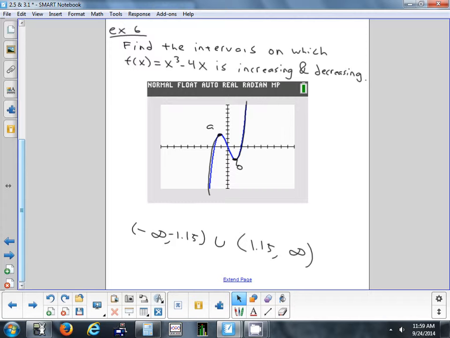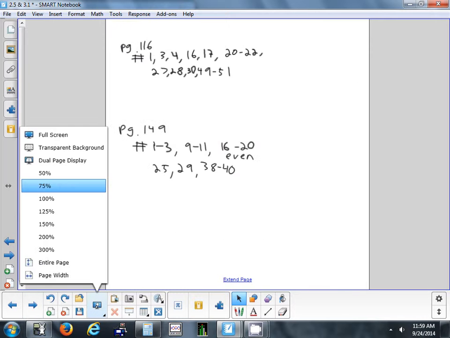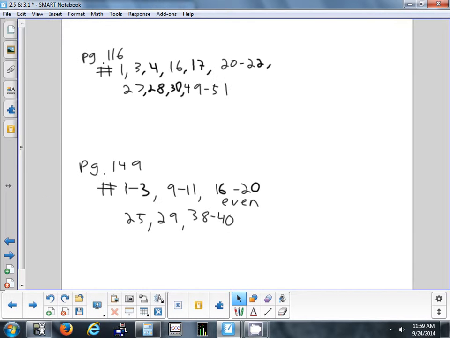Okay, it's a lot of stuff with the graphing calculator today, and the homework, I'd say more than 50% of it you need a calculator for, especially to find local max and local min. Okay, so on 116, that has to do with the sign charts. You won't need the calculator for the sign patterns as much.